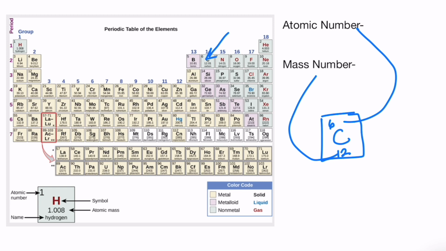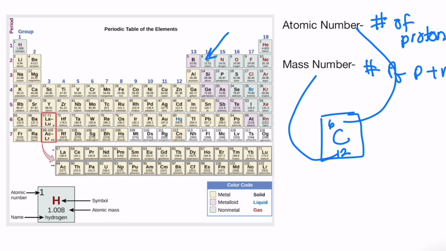So what is the atomic number? The atomic number tells you the number of protons that particular atom has. And the mass number tells you the number of protons plus neutrons. In the case of carbon, let's find out how many protons and neutrons it has.